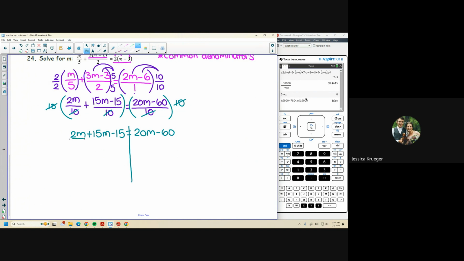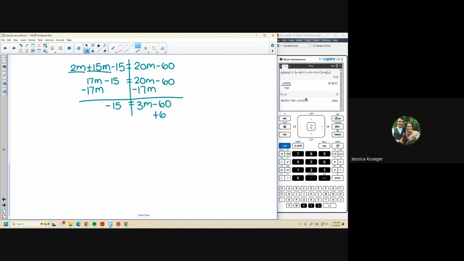I'm going to combine my like terms. 2 plus 15 is 17m minus 15 equals 20m minus 60. And I can subtract 17m from both sides. So that'll give me negative 15 equals 3m minus 60.